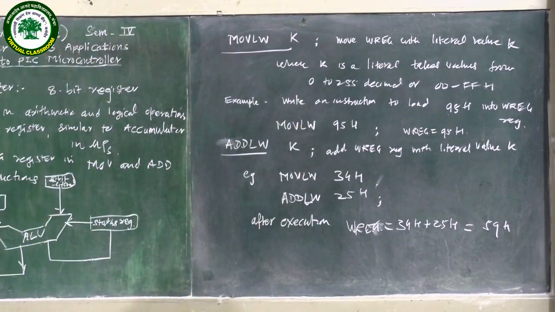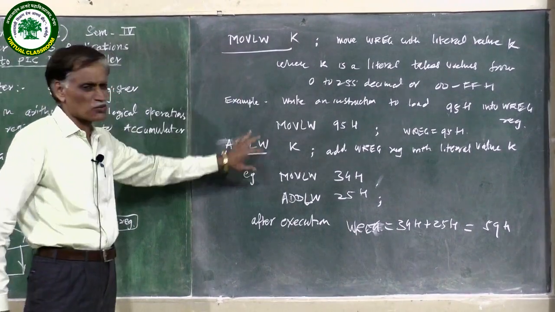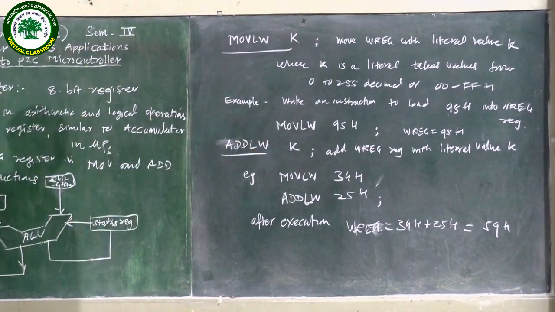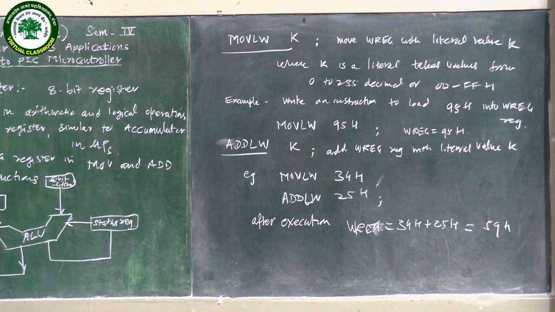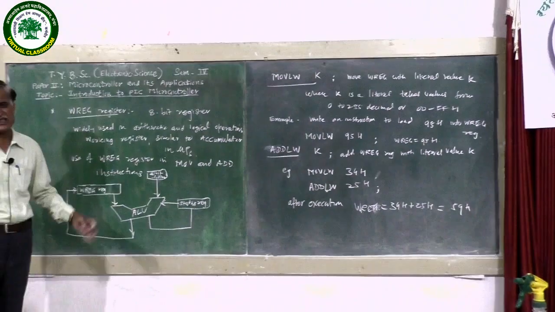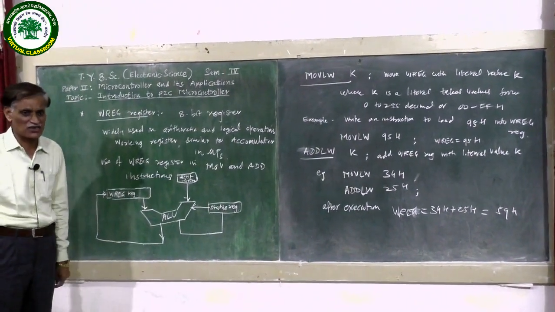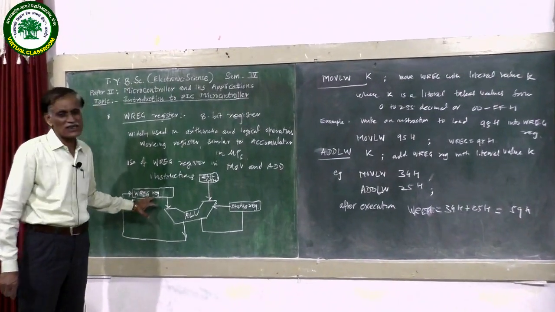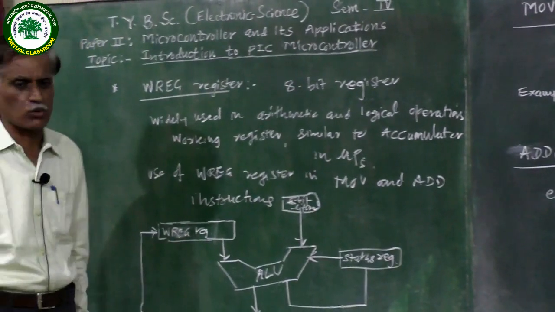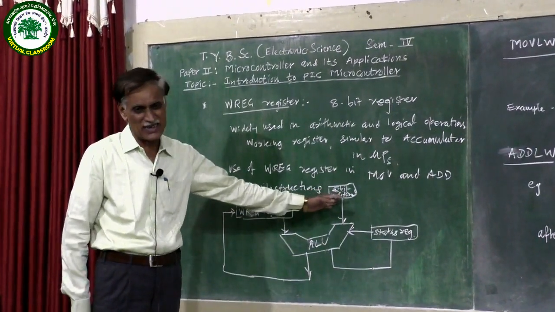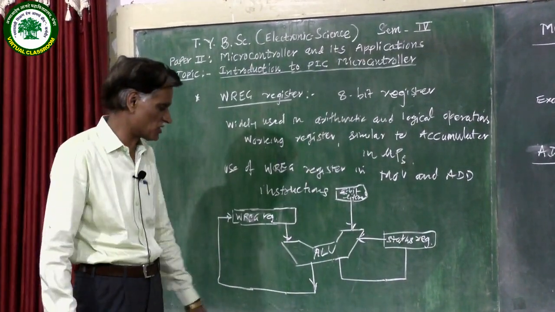As far as these two examples are concerned, by using these two instructions we can explain the use of WREG register. Shortly, we have to remember that WREG register is widely used in arithmetic and logical instructions. One of the literal values is placed in WREG directly, another is provided directly by the instruction.